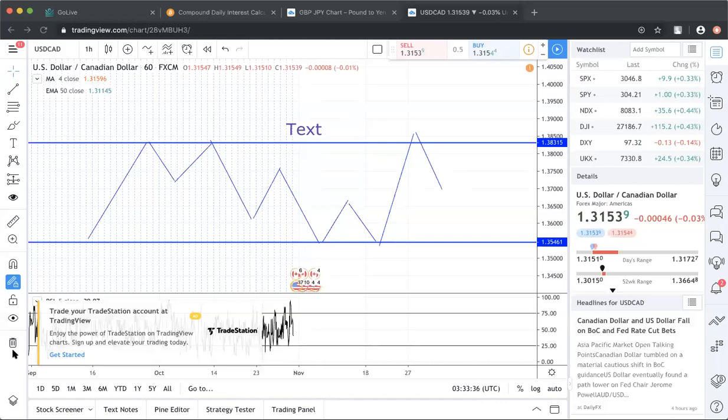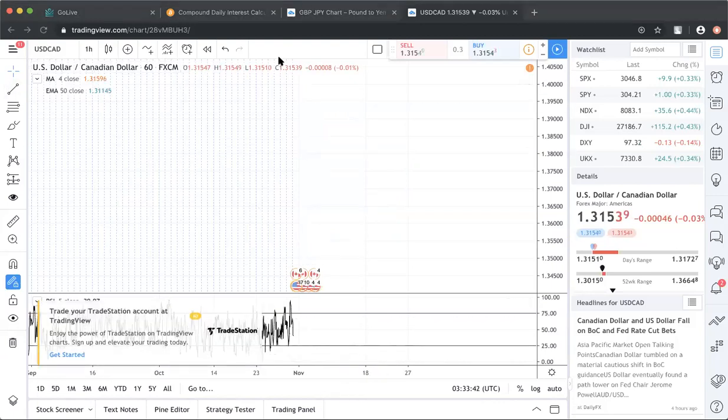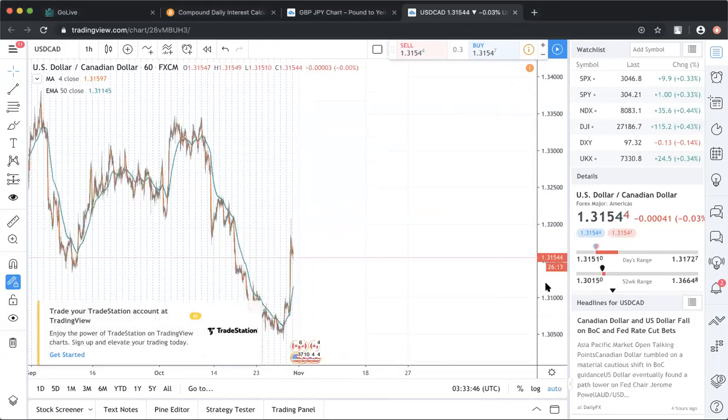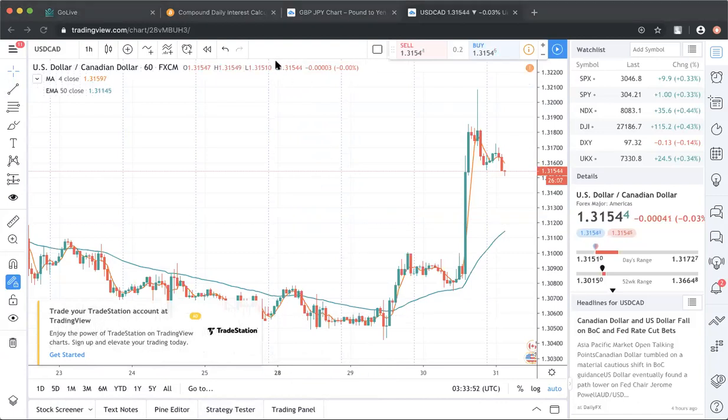Next thing I wanted to talk about is divergence within the RSI. Just so you guys know, I love looking for divergence. Divergence is one of my favorite things ever. So I want you guys to give me some currency pairs. What currency pairs you like?